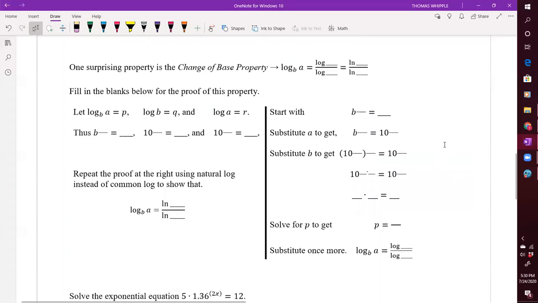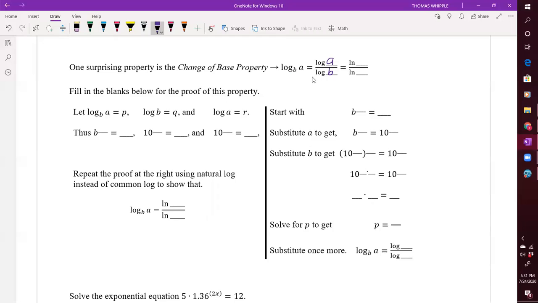So there's one more property I want to make you familiar with, and that's called the change of base property. It's really quite remarkable. It turns out that the log of some number a to a base b is actually going to equal the log of a divided by the log of b.